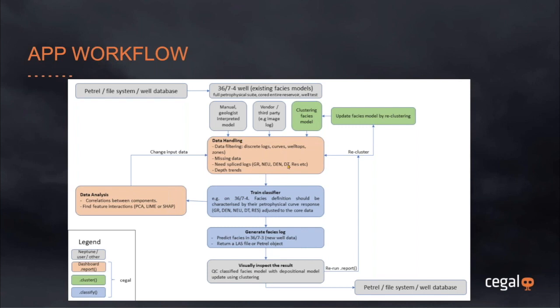We take the data, we evaluate it, we mitigate missing data, we splice logs, etc. If we're happy with the lithology interpretations that are present, we go forward. If not, we create this clustered facies model. When we're happy with this step, we go into the training the classifier step.